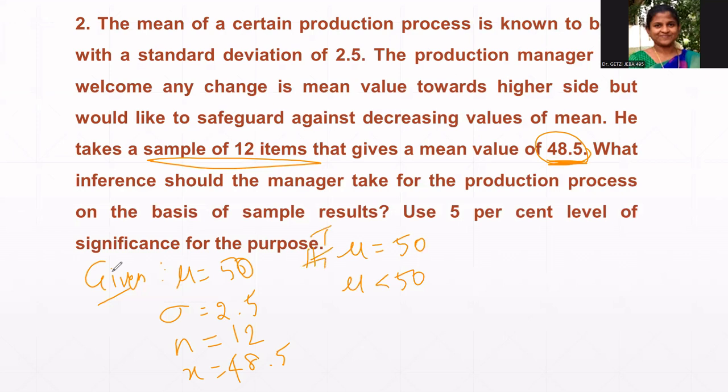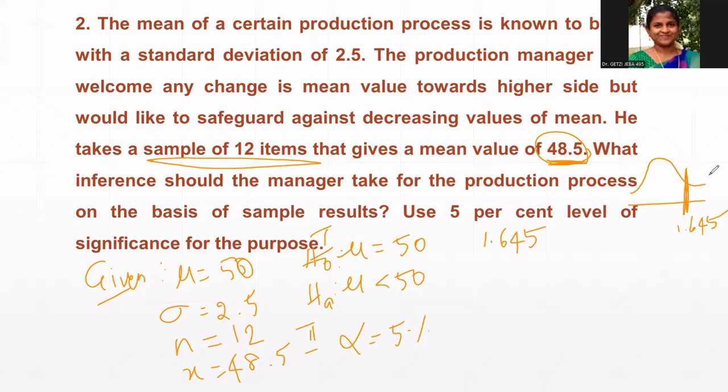Kindly use the symbols H naught colon and HA colon. The second step is to set the significance value to be 5%. This is a left tail test, so obviously the value is 1.645. If I draw the curve here, this is 1.645.